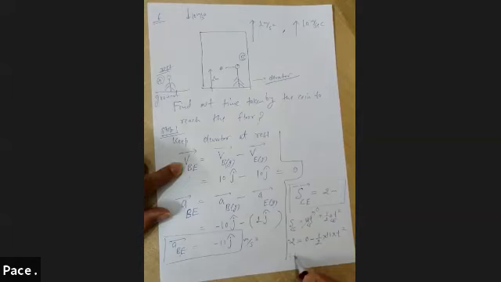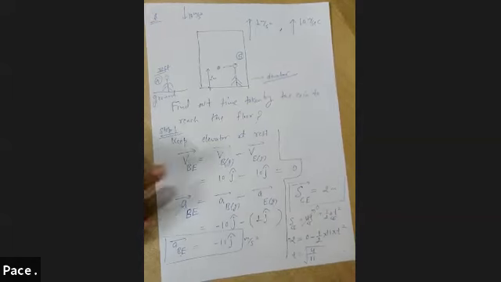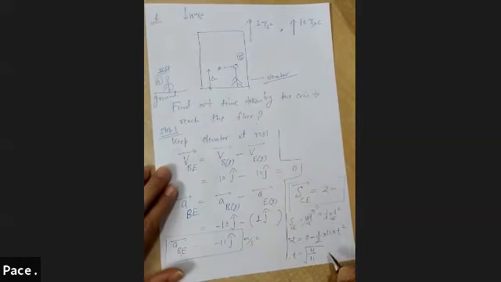From here you can find out t would be square root of 4 upon 11. Square root of 4 upon 11 would be the answer. And when you solve, this comes out to be 0.61, approximately 0.61 seconds.